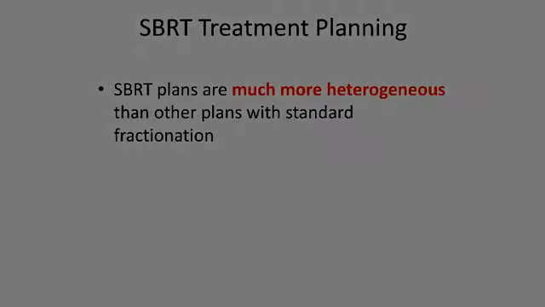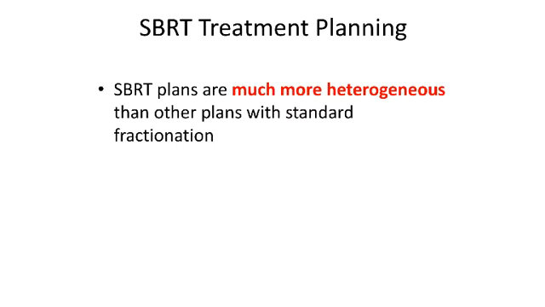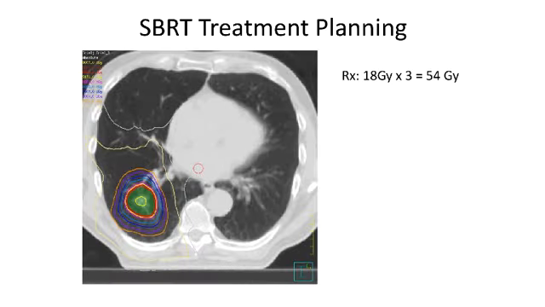All right, now let's move on and talk about the very important topic of dosimetry in SBRT, or treatment planning. SBRT plans are much more heterogeneous than plans with standard fractionation. That's by design. It's a very important concept. Let's look at a dose profile through this treatment. It's an 18 gray times 3 treatment, and you'll see it's very peaked in the middle.